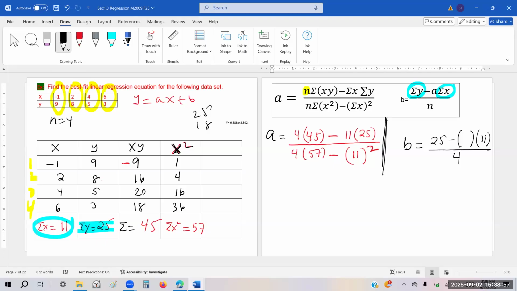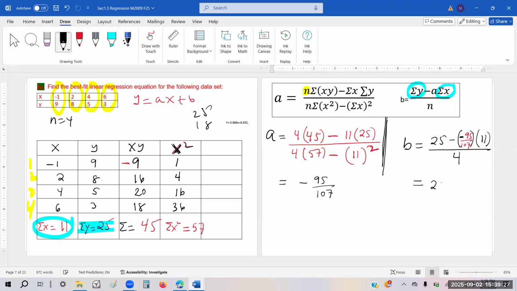Did anybody get A yet? What do you have? 95 over 107. Are you sure? Yeah, I got that. See? Oh man. So we have negative 95 over 107. And then you do the math.